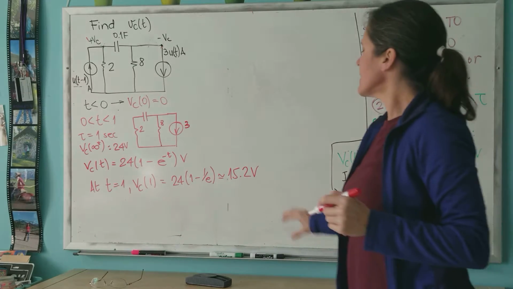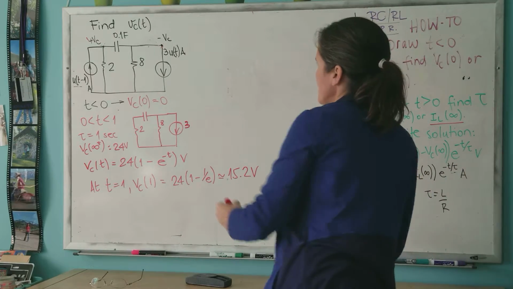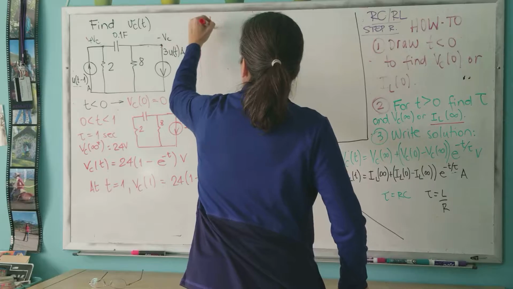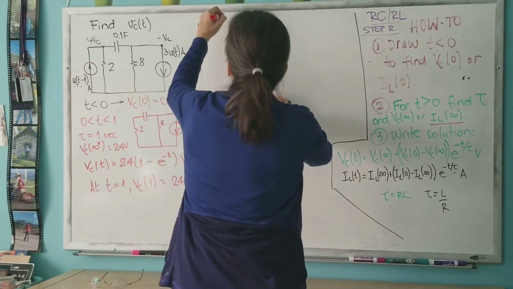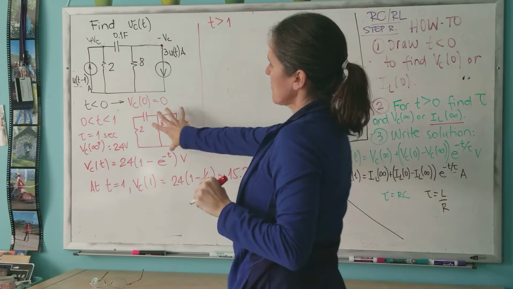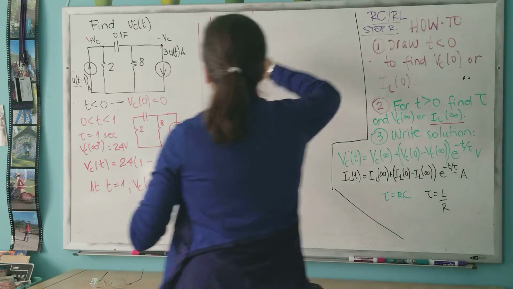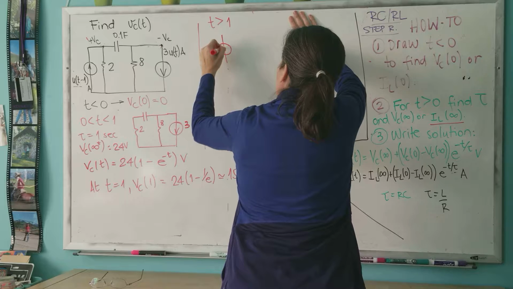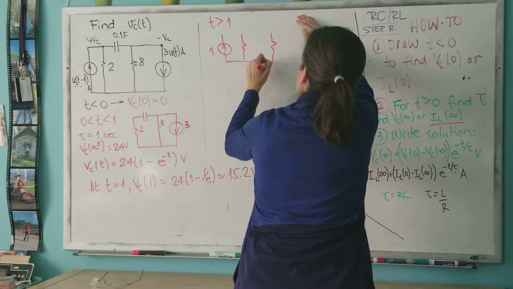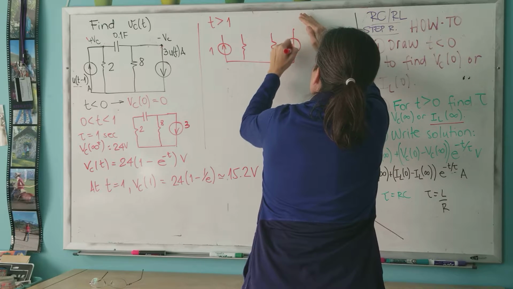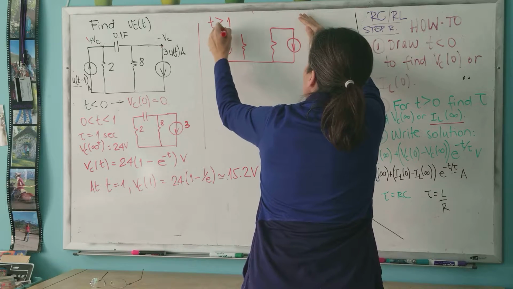And now I use this as the starting point for my next circuit. So for t larger than 1, oopsie, I have this circuit and this power supply kicks in. So then I have 1 amp going up, 2 ohms, 8 ohms, and 3 amps going down.